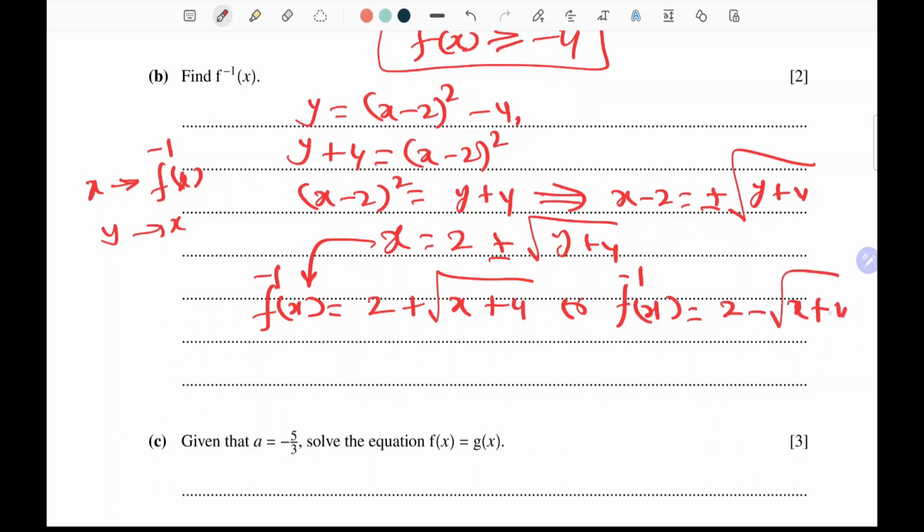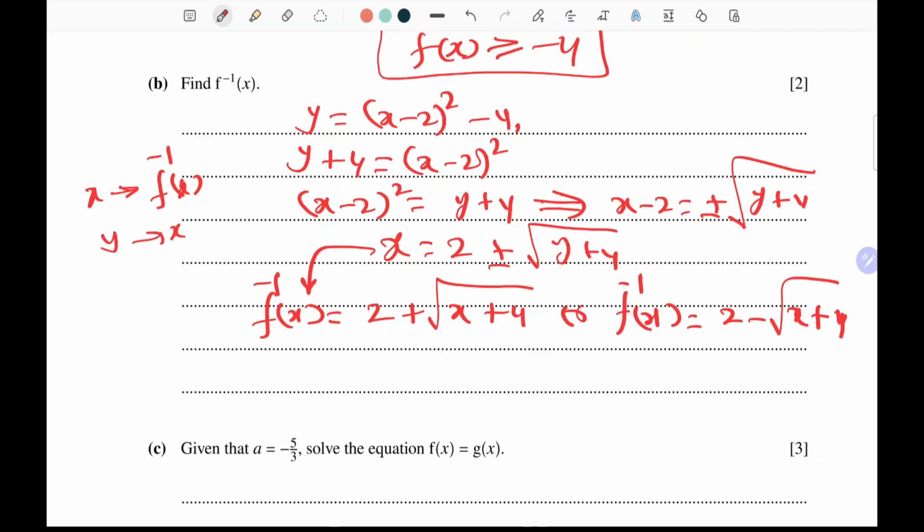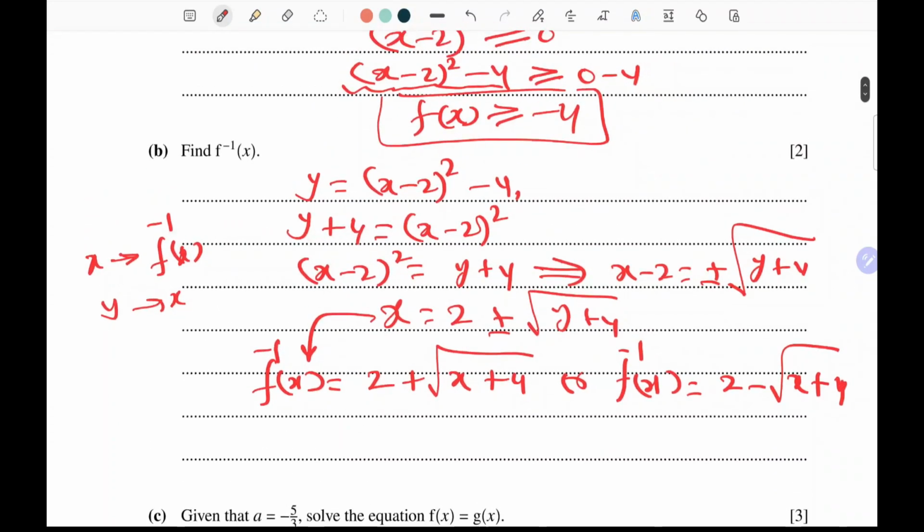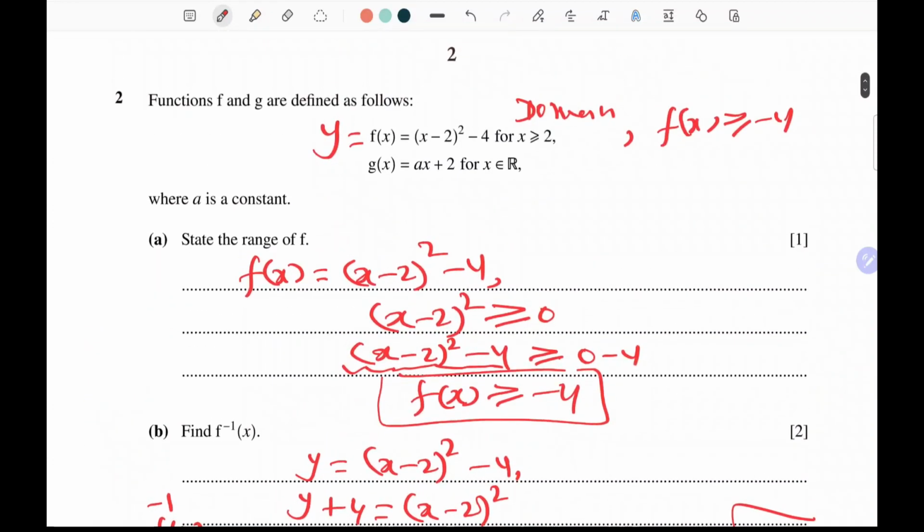But the interesting part is we have to select one of them. Now which one do we have to select? Let's check over here. We know that the domain of the function will be the range of the inverse, and the range of the function will be the domain of f inverse, right?